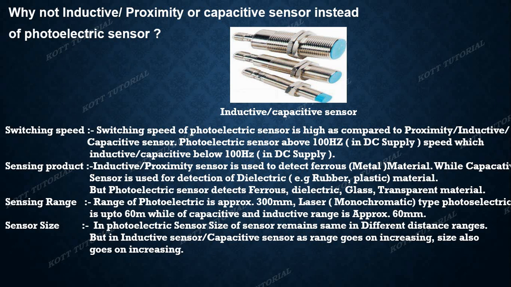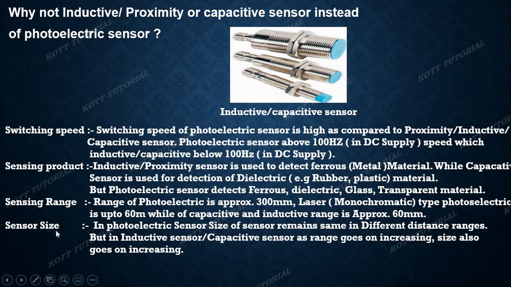I have to select a new sensor which has a sensing range greater than 15 mm. So this is the drawback. If our sensing range is changing, we have to change the capacitive and inductive sensor. But in the case of a photoelectric sensor it is not like that. By adjusting the knob we can adjust the sensing range of the sensor.